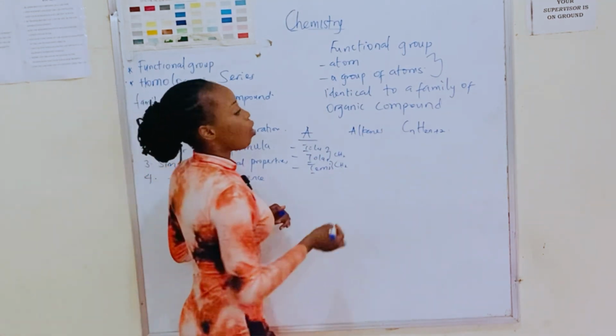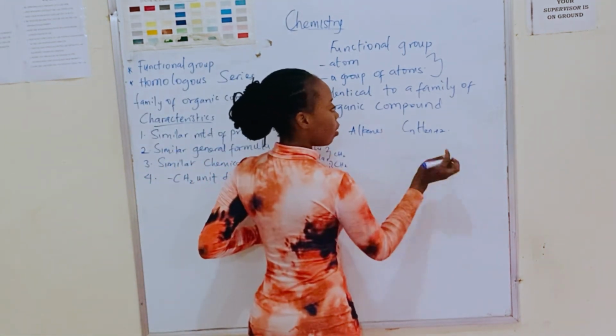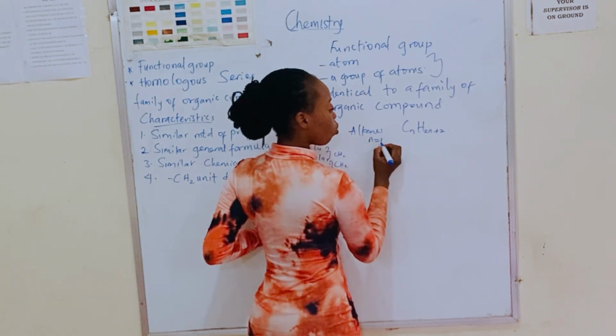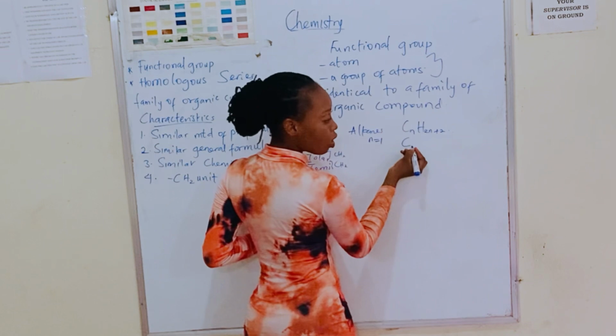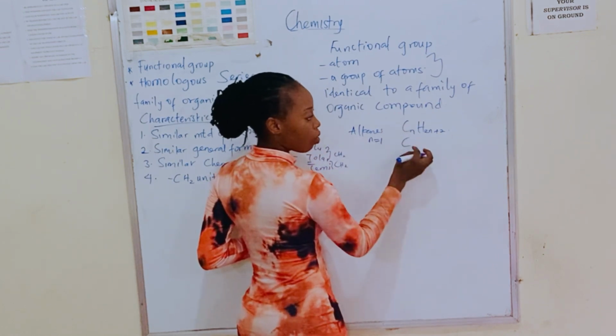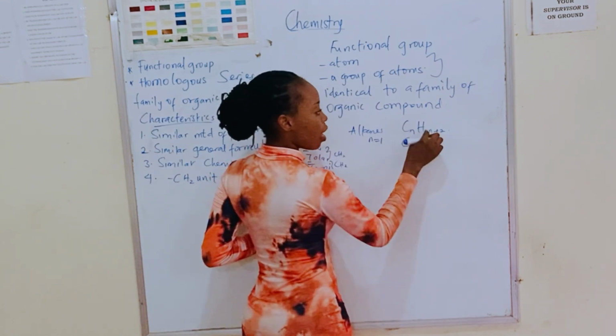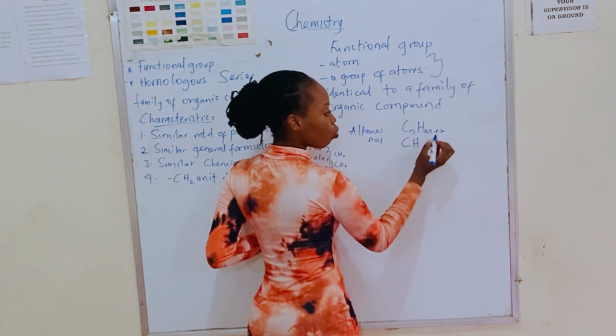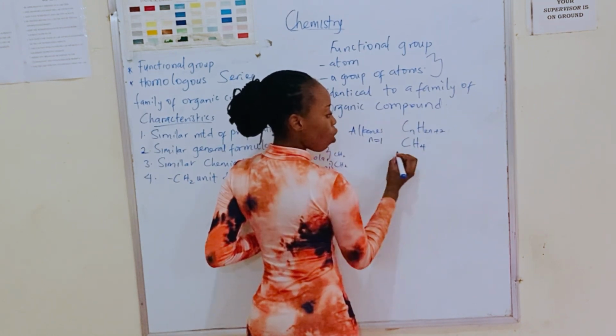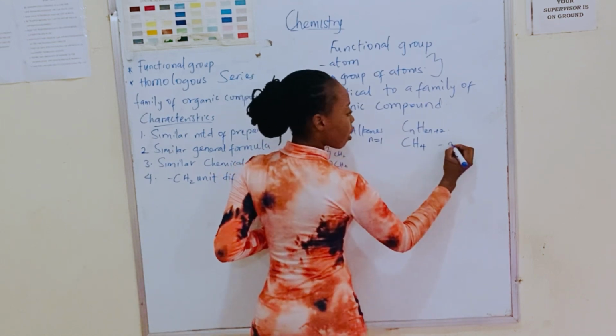For instance, the first member of this family will have n equal to 1. If n is 1, we have C. We don't really write 1 in chemistry, so you leave it out. Then H2n+2, so H, 2 times 1, 2, plus 2, that's CH4, which is the first member of the family, and that is methane.